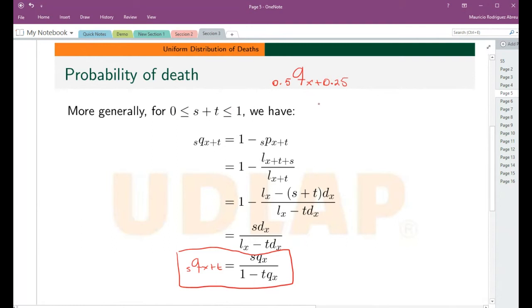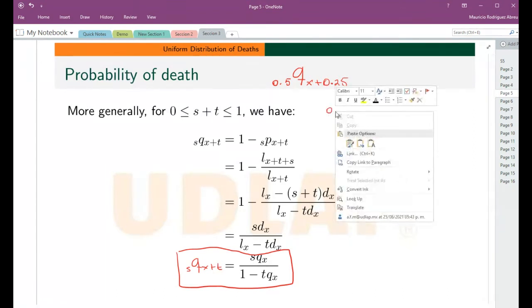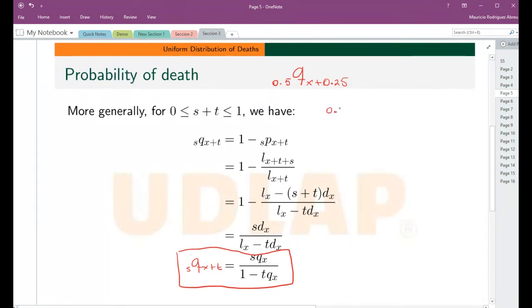However, sometimes we're going to find something like this. Something like that. When we have things like this, we can break this down into two specific things.